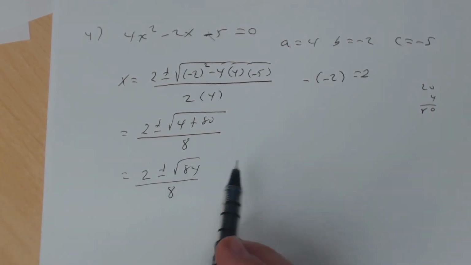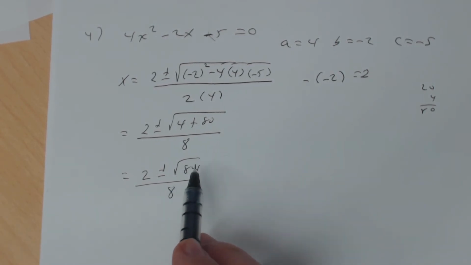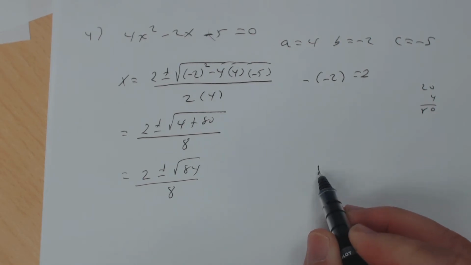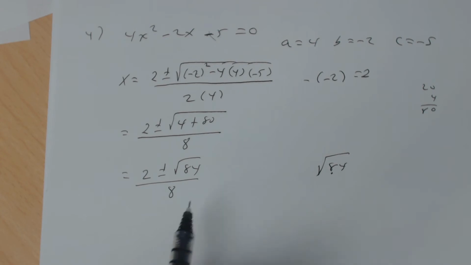Now make sure you simplify the radical if you can. And in this case, I can, because for the perfect square that goes into 84, well, 4 definitely goes into 84. Now, before I go on, let me mention this. Your discriminant is positive. It is not a perfect square, so you're going to end up with two distinct real solutions that are irrational.